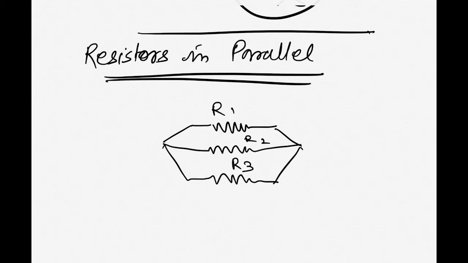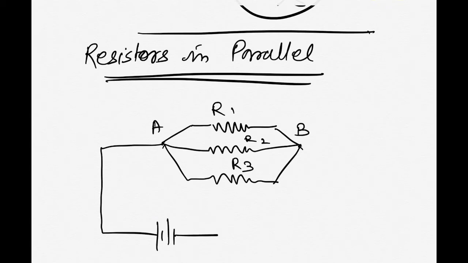One end of every individual resistor is connected at one place, A, and the other end of each resistor is connected at point B. Now let's connect these points A and B with an energy source, a battery.